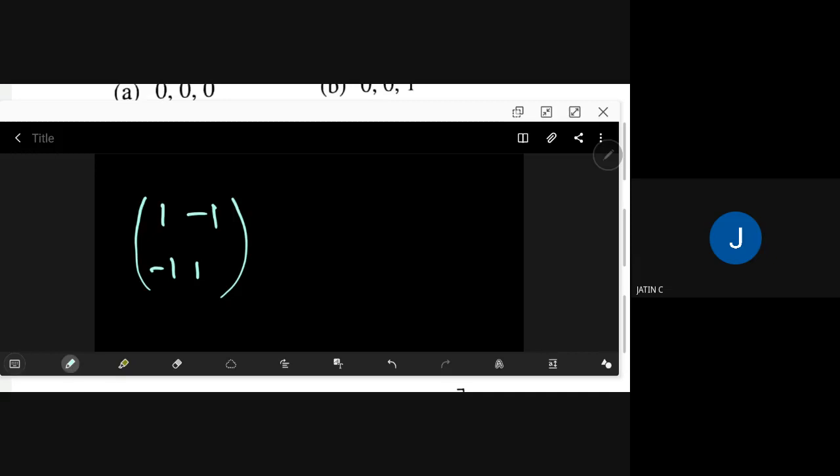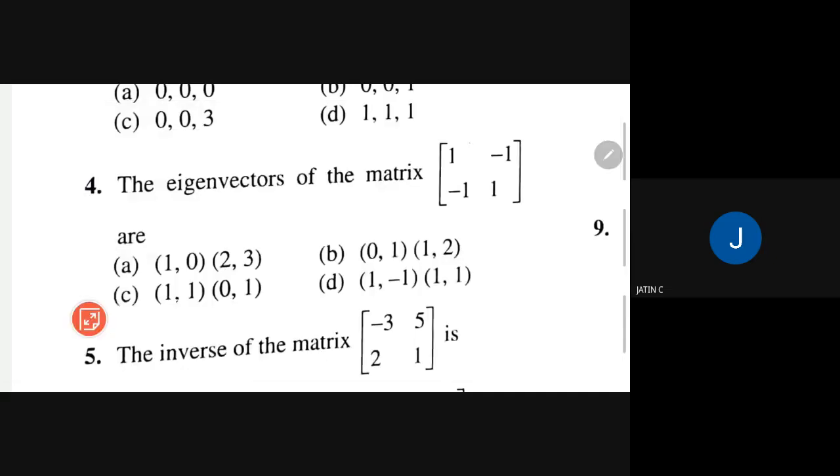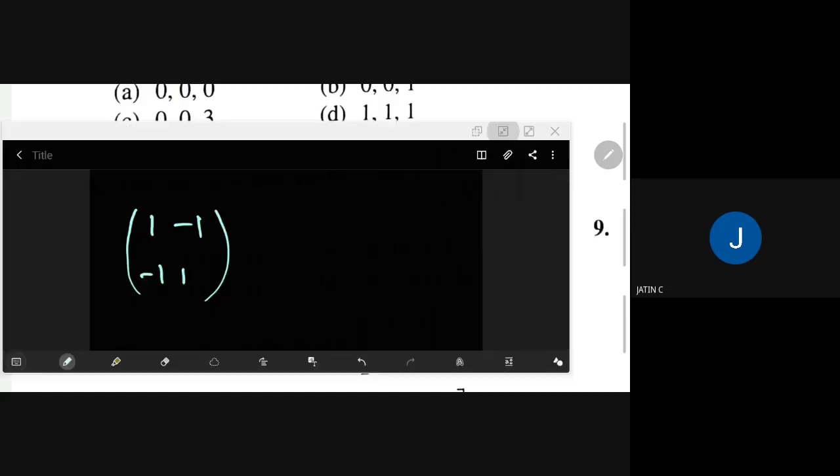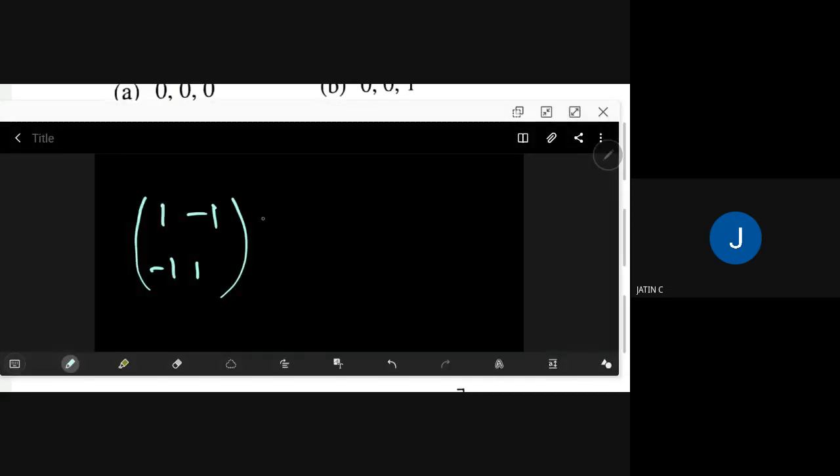First choice is say 1, 0, 2, 3. So I take here 1, 0. If you multiply this, what are we getting? The first component is 1. The second component is minus 1. So you cannot have this as an eigenvector. So this is not possible.